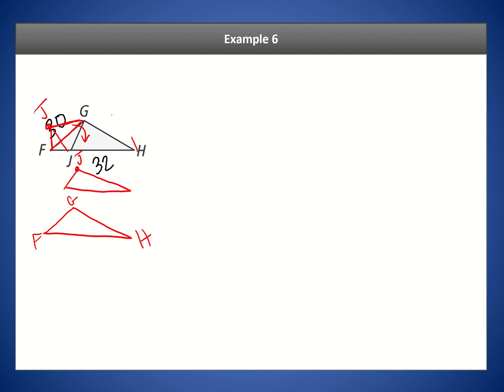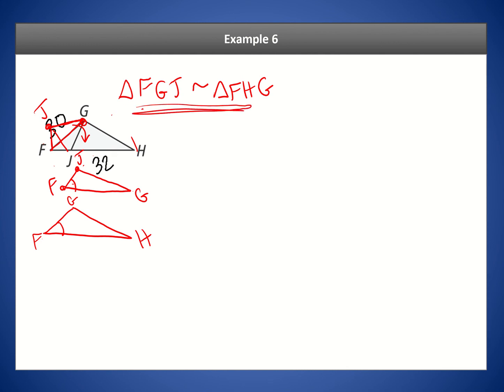So this is J, and this is F because it just got rotated down, and this is G. Looking at this diagram, because F is congruent for both of these, it seems that triangle FGJ is similar to FHG. And we kind of showed this with that other example. These two triangles are going to be similar, and this is the similarity statement. You can see that based off of the transformations that I've shown here.